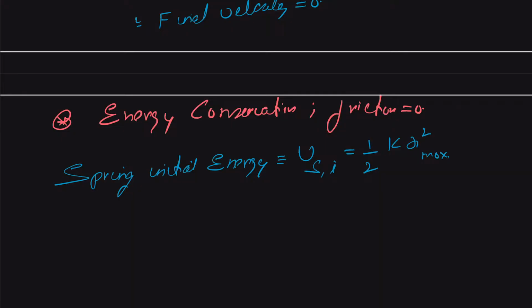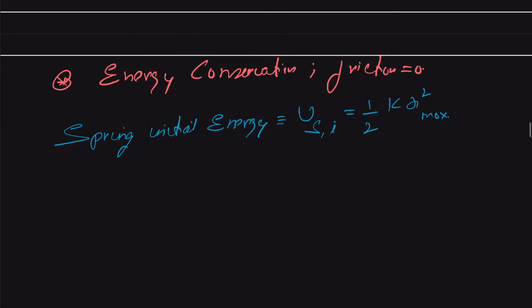We can take the gravitational part's reference point to be this initial point, where the spring is compressed, so the gravitational potential is 0 there. That will be more convenient for us to solve, because potential energy is just a reference to height. If we change our reference point, obviously the potential energy changes accordingly.